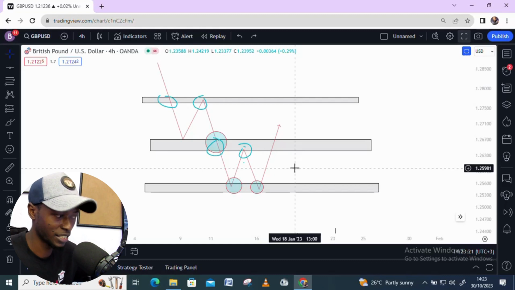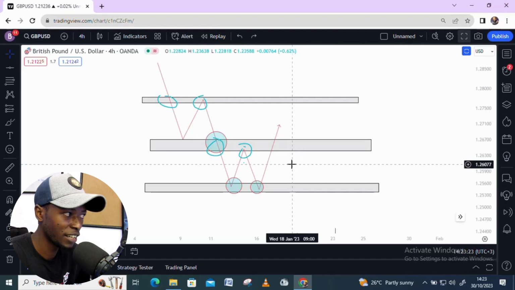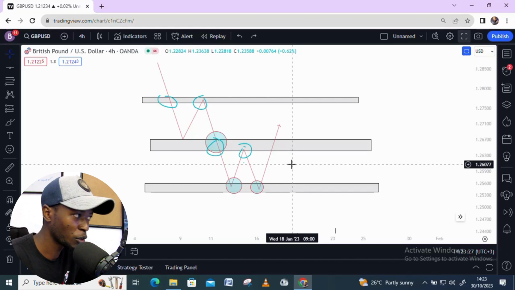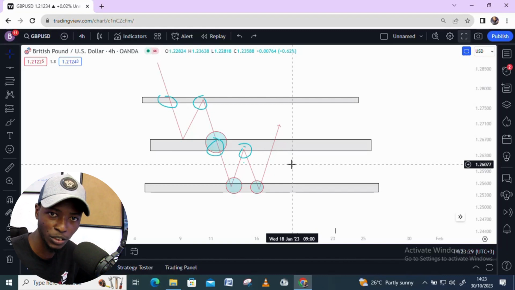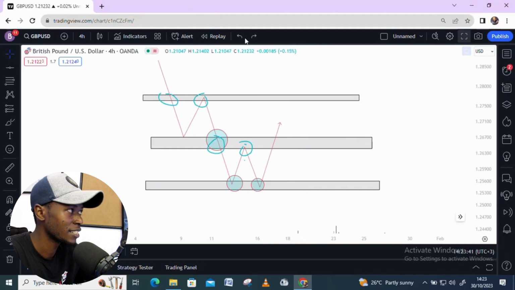I hope you understand that concept. This is very vital for trading support and resistance, because it tells you when to enter the market, when to exit the market, and when to stay out of the market. I'll show you in a bit. So let's discuss this.